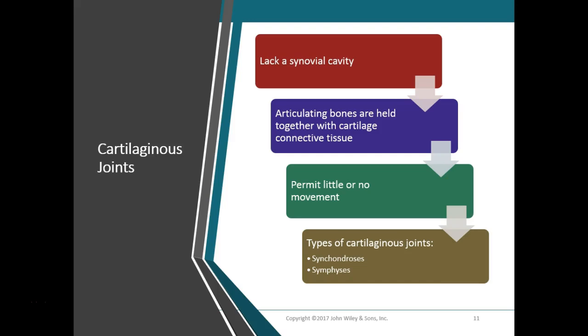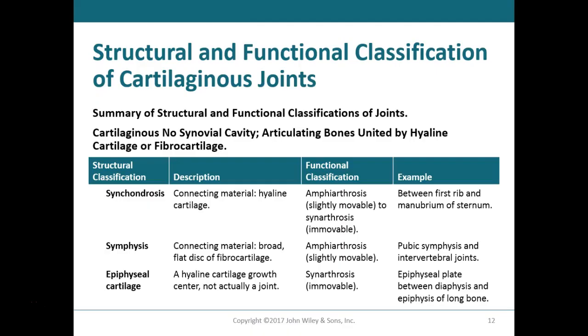We further classify these into two different categories of cartilaginous joints, a synchondrosis and the symphysis. So looking at these, structural classification, description, and function with examples. Synchondrosis, the connecting material is made up of hyaline cartilage.